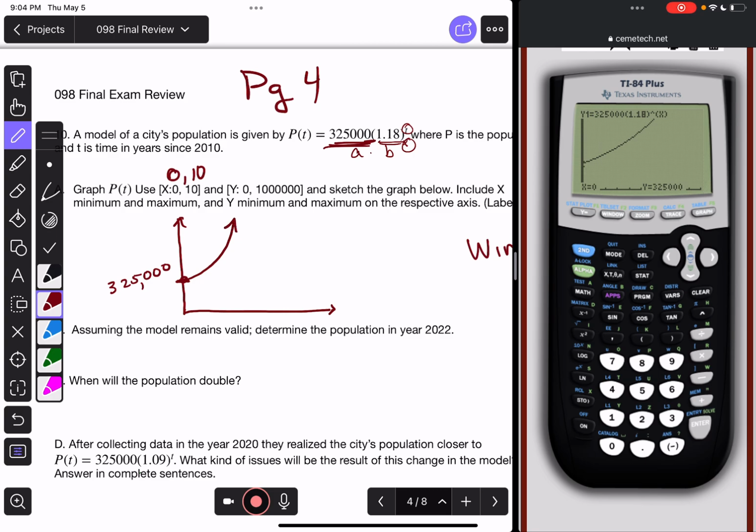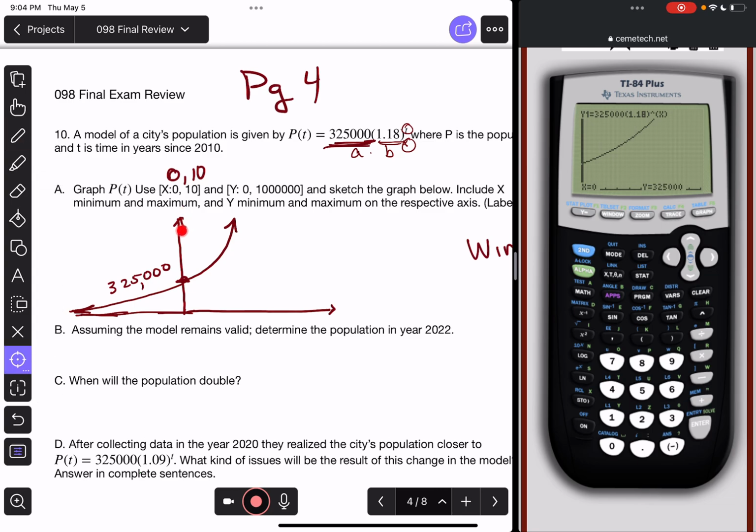Now, if they wanted us to find the asymptote, the line it gets really close to, it's going to be the x-axis. The population's never going to go negative, so if you wanted to continue on, it just gradually goes like that, just like all our exponential functions do. But again, you'd be fine just putting in this first quadrant, just like they did.